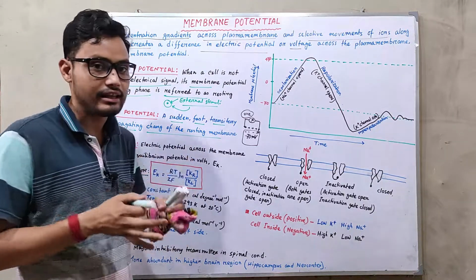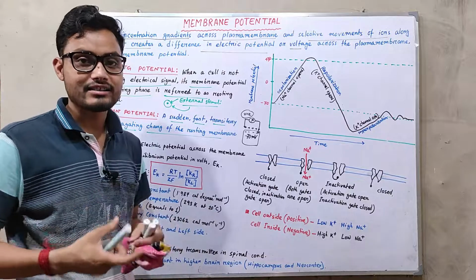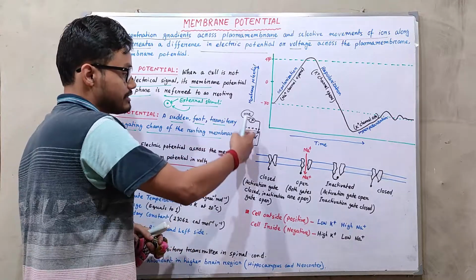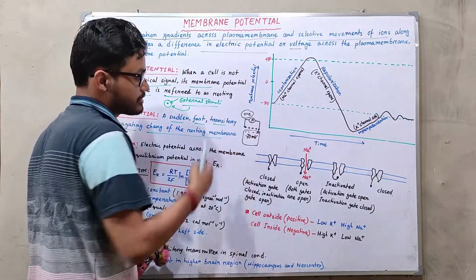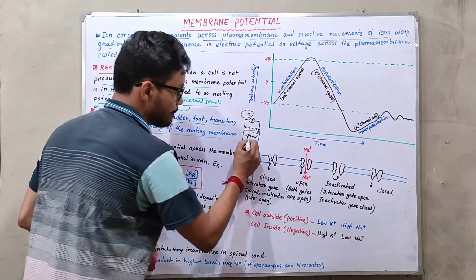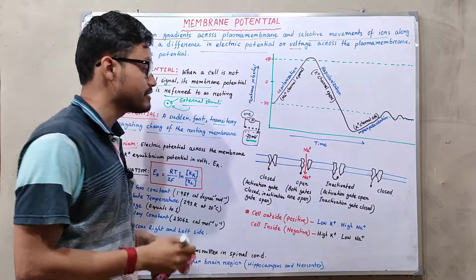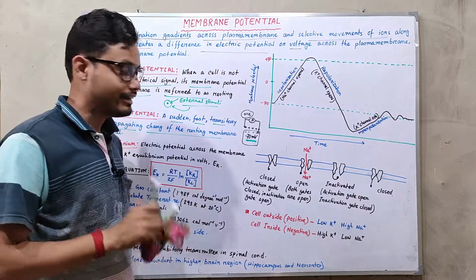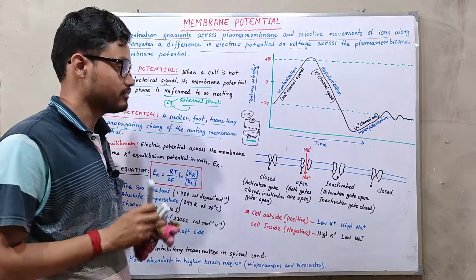That means a cell excites and it creates a voltage difference between the outside and inside of the cell and disrupts the resting membrane potential of minus 70 millivolt, and that is the action potential.